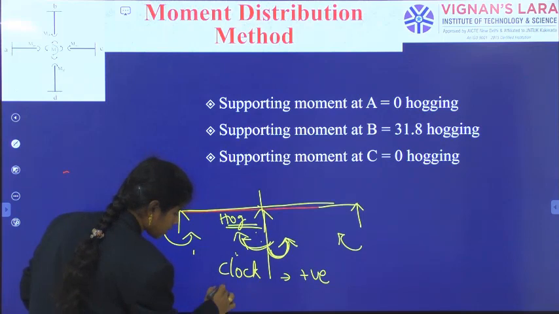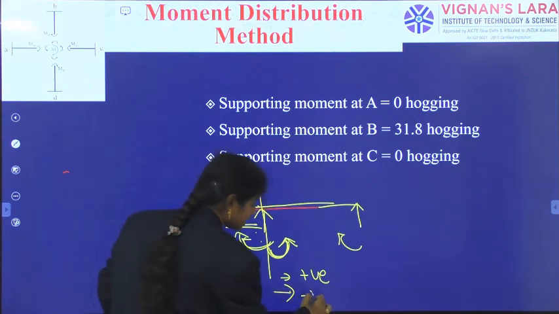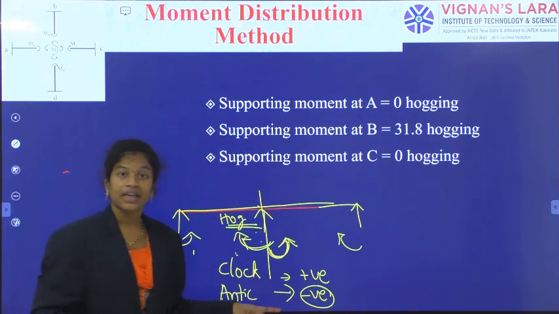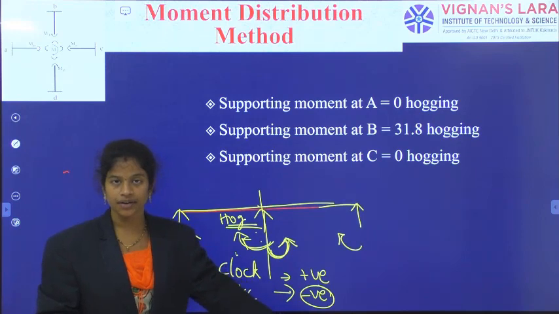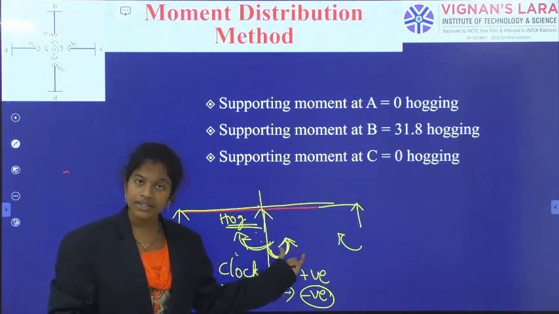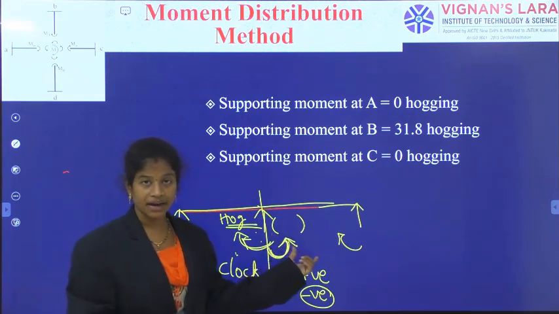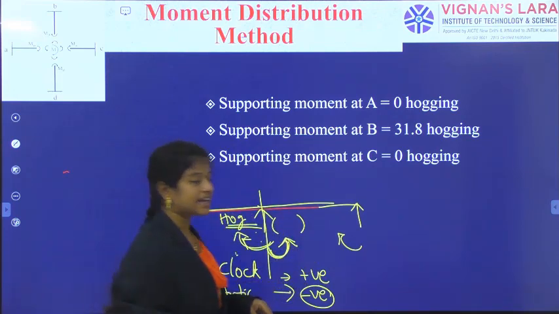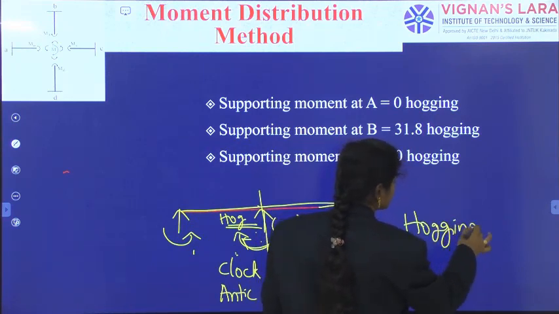Or then it is like this, anti-clockwise. Anti-clockwise, the moment distribution method will indicate as negative answers. Okay. So, whatever the answer has appeared, that needs to be multiplied with a minus, and that should be indicated as hogging, the same quantity of hogging.